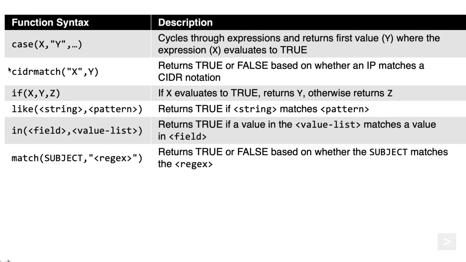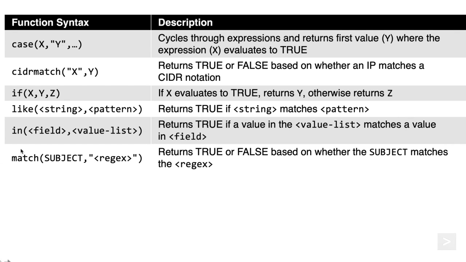The CIDR match function is going to return true or false based on whether an IP falls within a subnet range. The if function is going to evaluate a single Boolean expression. If that's true, it'll return the value of the second argument. If it's false, it'll return the value of the third argument. And the like function is going to typically be used with something like a wildcard or evaluating whether the string matches whatever argument is passed in as the pattern.